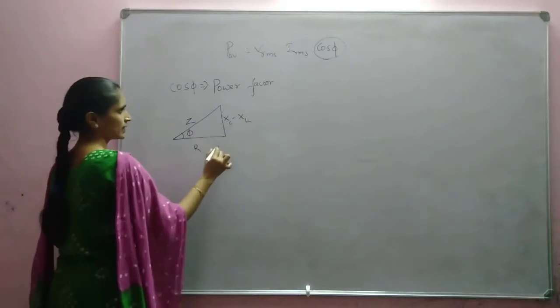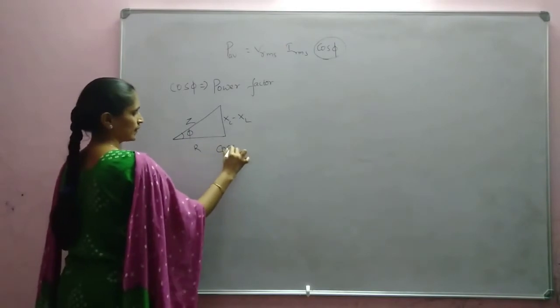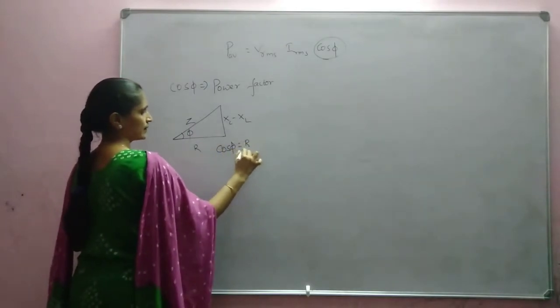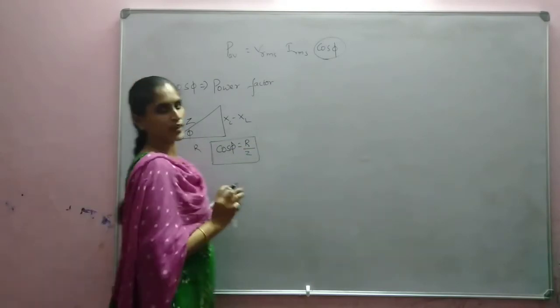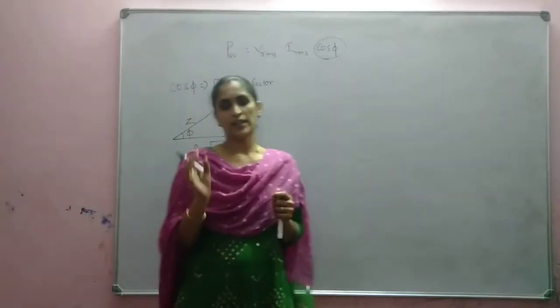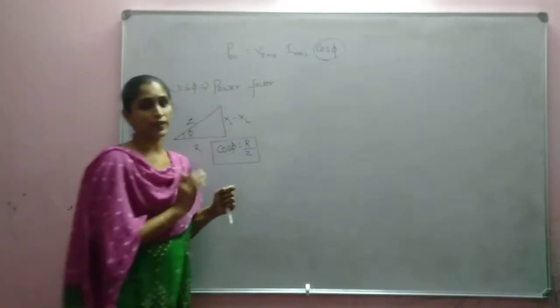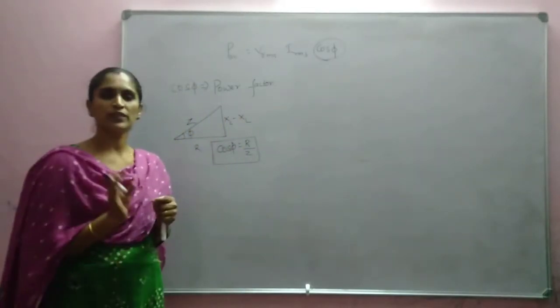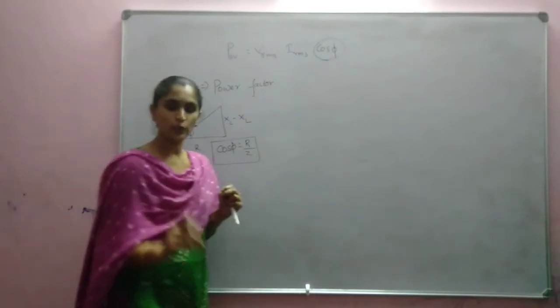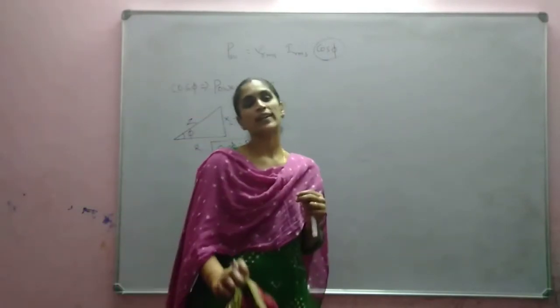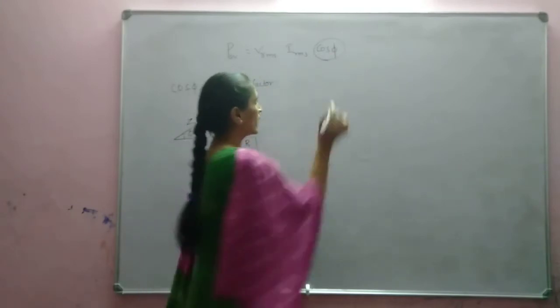So cos phi is equal to R by Z. So by using this also you can find the expression for the power factor, that is given by cos phi, which is equal to R by Z. Okay, and we used to use the term wattless current. Okay, wattless current.